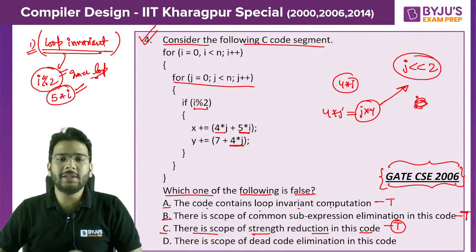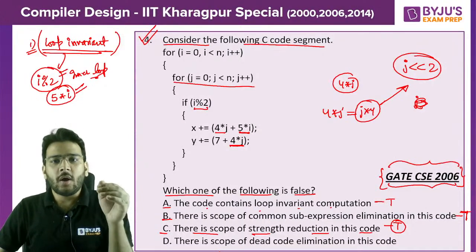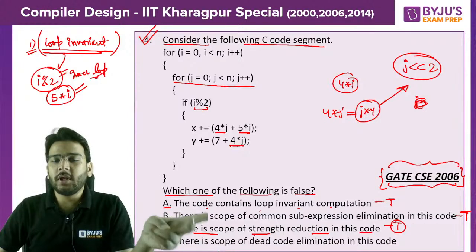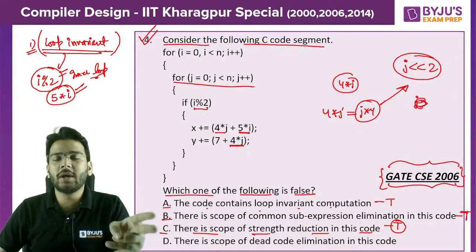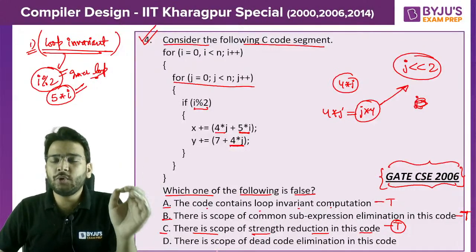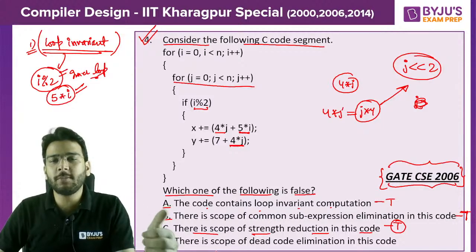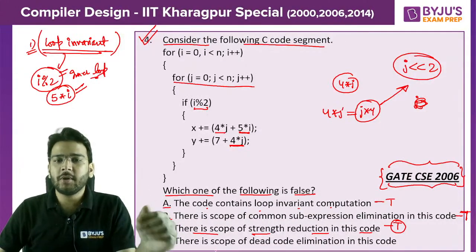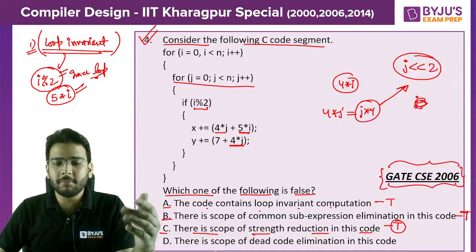What about option D? There is scope of dead code elimination in this code. Now what is dead code? First we need to understand what dead code is. Dead code is of 2 types: one is useless, one is unreachable. Now you tell me, do you have any code here which is unreachable or useless? I cannot see any.